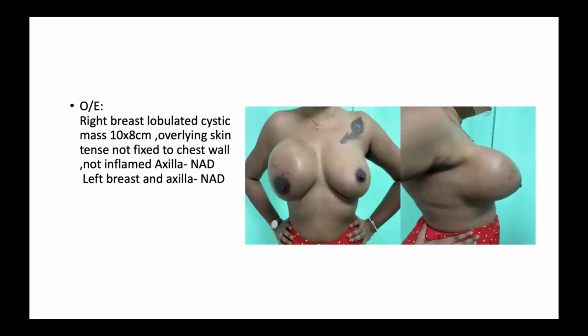She came back with these features clinically: right breast cystic mass 10 times 8 centimeter, covering almost the whole breast, especially the upper quadrant. There are no skin changes. It's still mobile, and axillary nodes were not palpable. The left side as well has no significant findings.